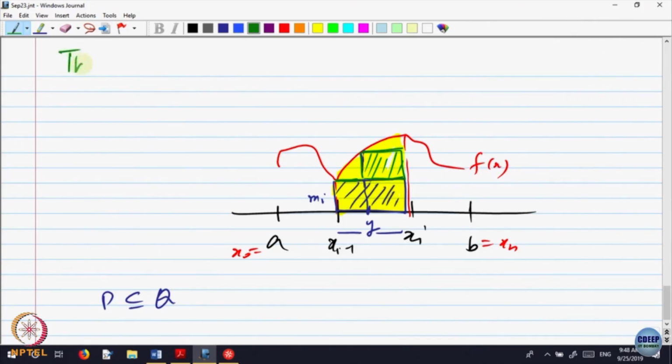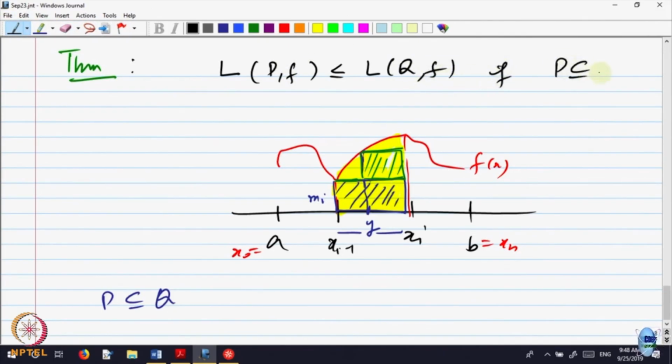So here is a theorem which we would like to state: that the lower sum of the function f with respect to P is less than or equal to the lower sum with respect to Q, if Q is a refinement of P, right?